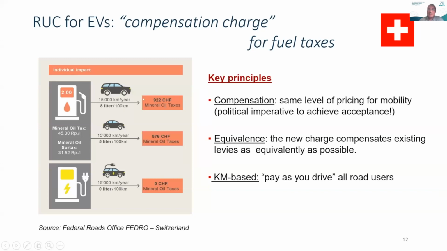You can see the tax per year if they drive 15,000 kilometers. One is a bit more than 900, the other nearly 600. Whereas electric vehicles are paying nearly no tax, only 7.7% of VAT on electricity. And as they use only half or a quarter of the energy, it's nearly no fiscal charge for electric vehicles.